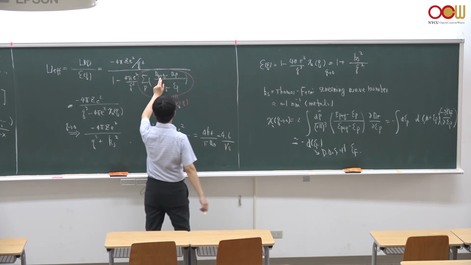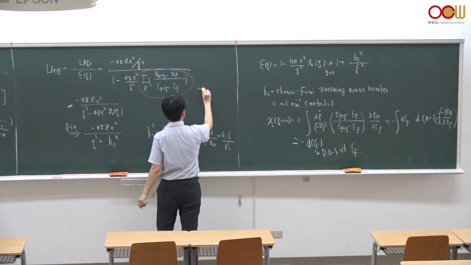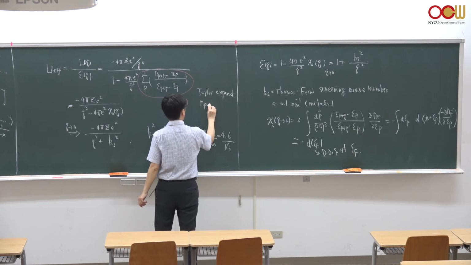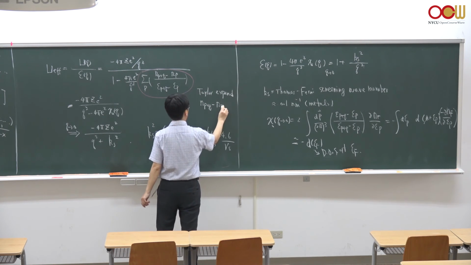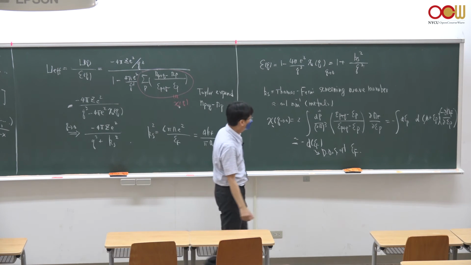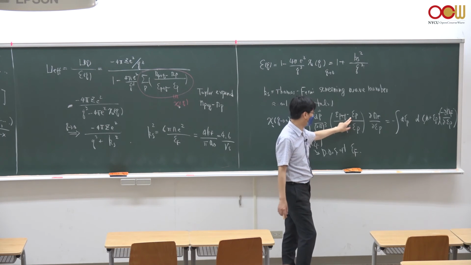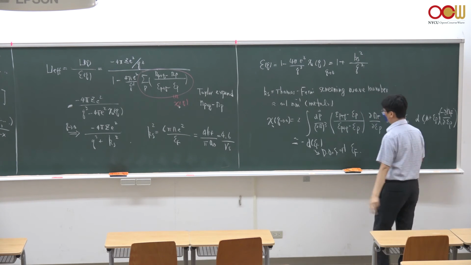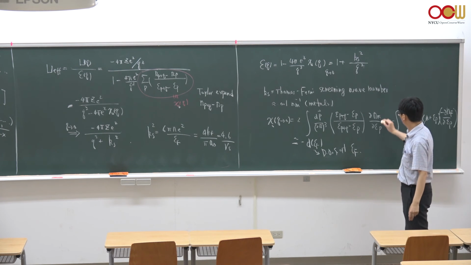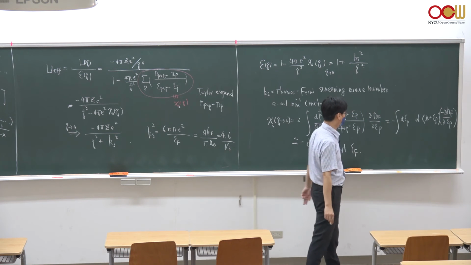this occupation number difference and also the energy difference, especially the numerator. In the limit of Q goes to 0, you can simply Taylor expand this n of p plus q minus n of p up to first order in the expansion. Therefore, you get this epsilon p plus q minus epsilon p in this expansion multiplied by the derivative, the derivative of the Fermi function with respect to epsilon p.